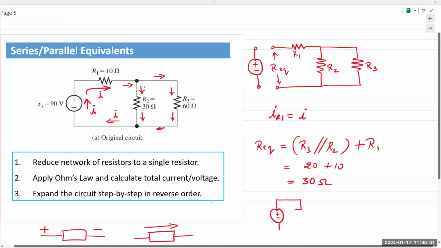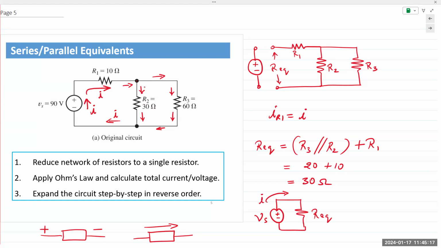Now I have one single source and one single resistance. I plug it back into the circuit and I have my three quantities. Apply Ohm's law, which is the second step.